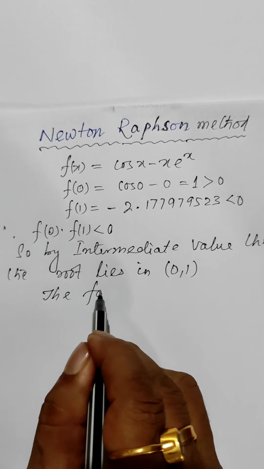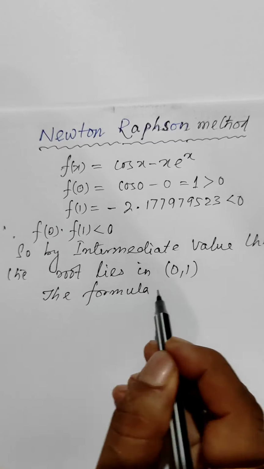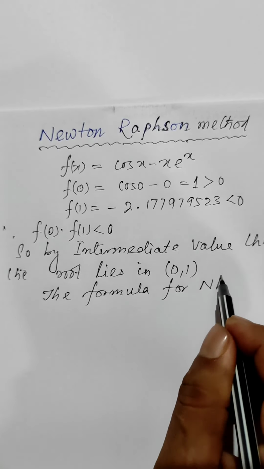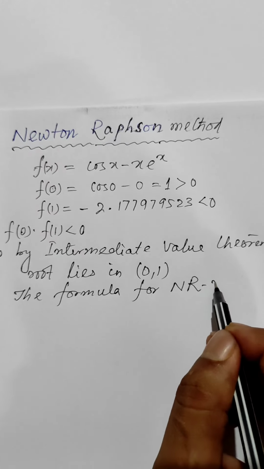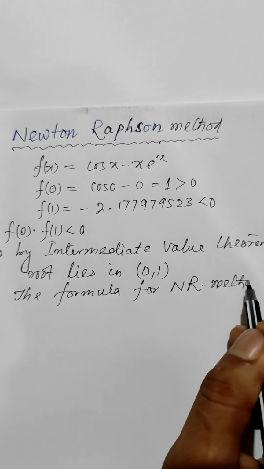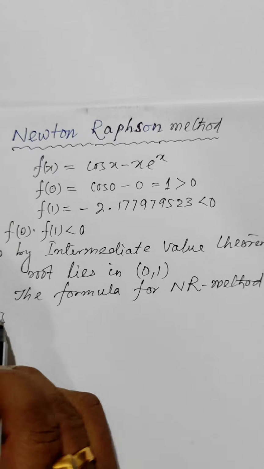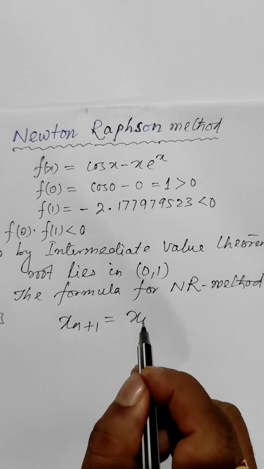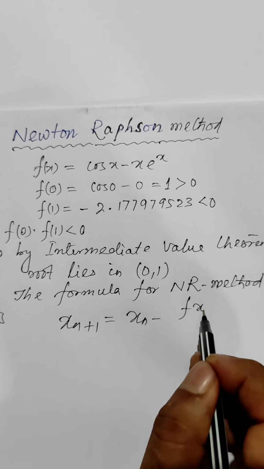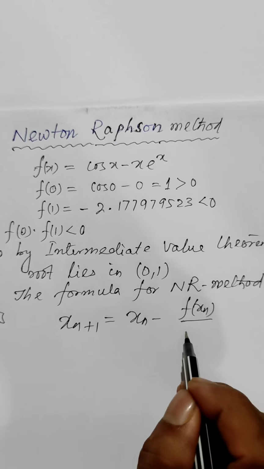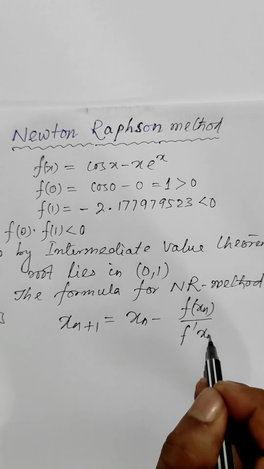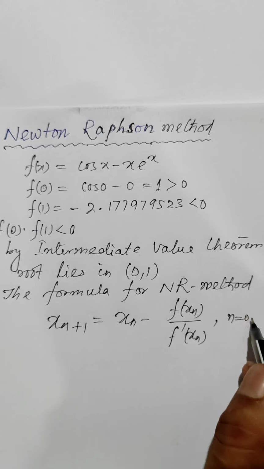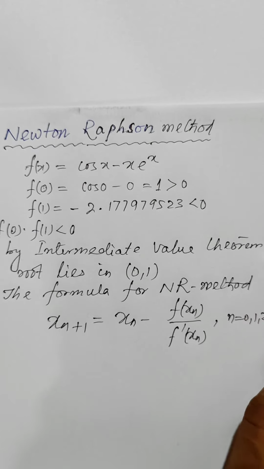The formula for NR method I am writing, that means Newton-Raphson method, is xn plus 1 is equal to xn minus f of xn divided by f dash xn, where n is equal to 0, 1, 2, so on.